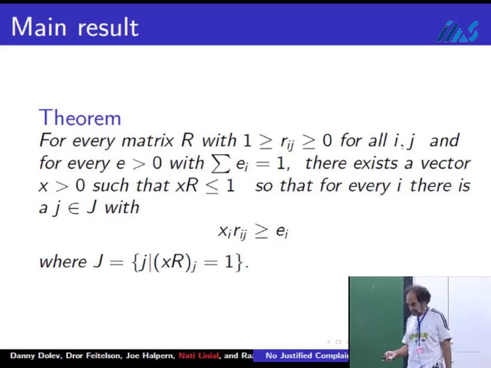That's the main theorem. Oh, that's the definition. That's the set J. Okay. So that's a theorem, and I will tell you a little bit about how this is proved.